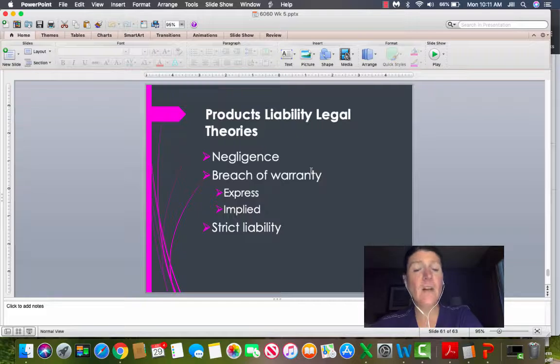When we're talking about product liability, you need to show that there was negligence on behalf of the provider, be it a medical device manufacturer. Sometimes pharmaceutical manufacturers have devices that have defects, or maybe the pills that they create have defects. They have to show that there was some breach of the warranty that there would be with that device.